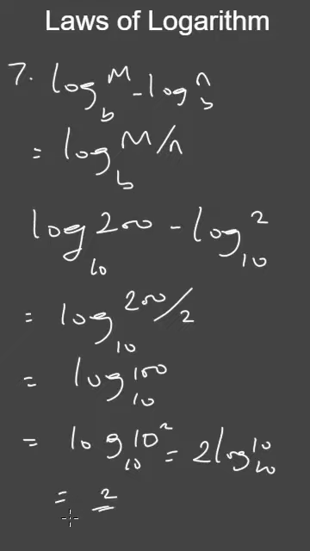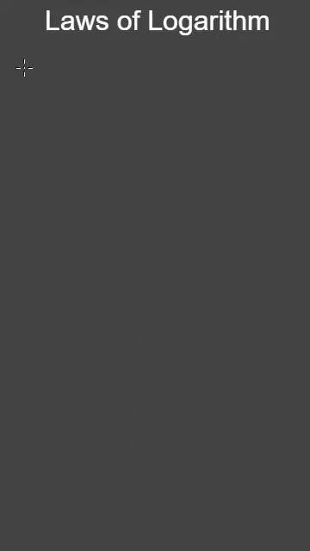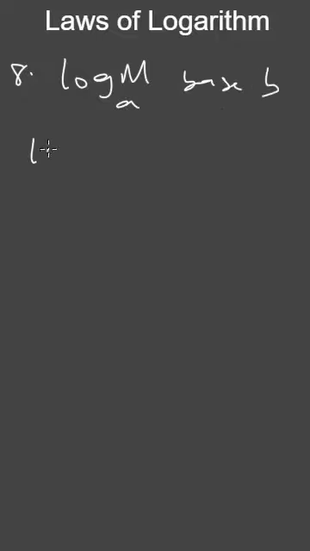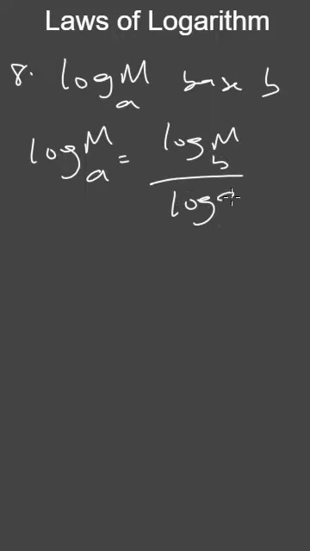Now we'll talk about the last law, which is law 8. Law 8 has to do with change of base. If you have log m to base a and you wish to change the base to base b, you can write it as log m to base a, which is equal to log m to base b divided by log a to base b.